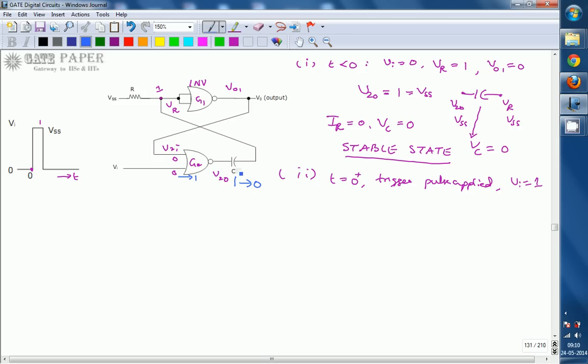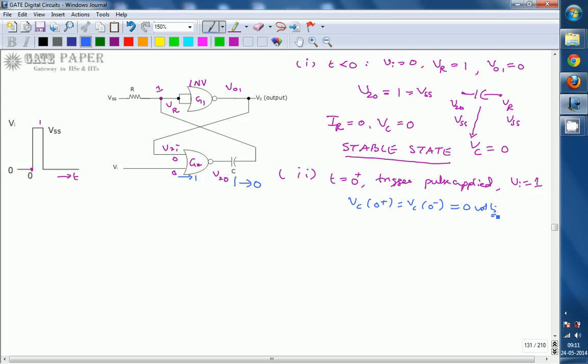And the capacitor doesn't change instantaneously, because we are discussing only t equal to 0 plus. So the capacitor doesn't react instantaneously, and it maintains the same voltage as previous. So the voltage across the capacitor at 0 plus is the same as the voltage at 0 minus, which is 0 volts.